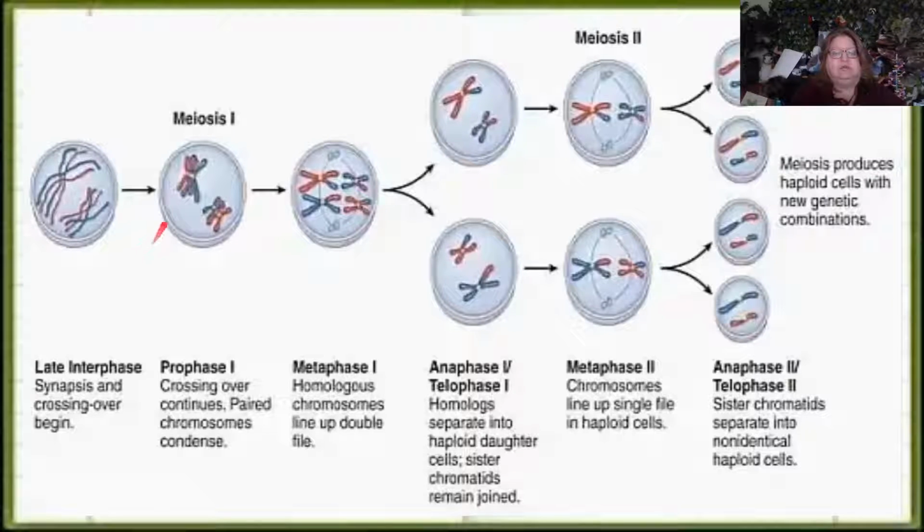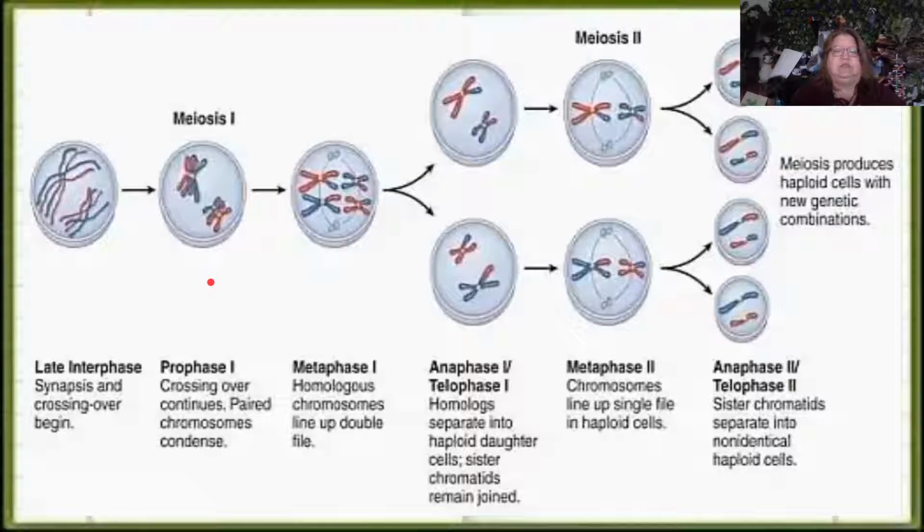The other thing to notice is in meiosis 1, these chromosomes are clinging to each other. Same thing in metaphase 1. Suddenly we have chromosomes pairing up together, and that's going to be a hallmark of meiosis. The homologous pairs are going to line up in order to then be distributed to each daughter cell.